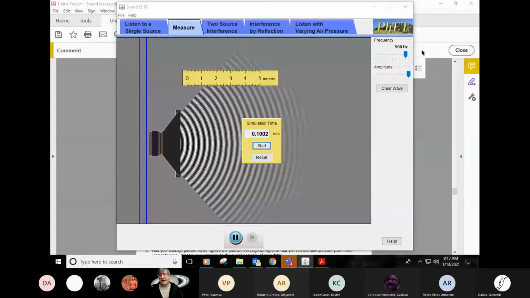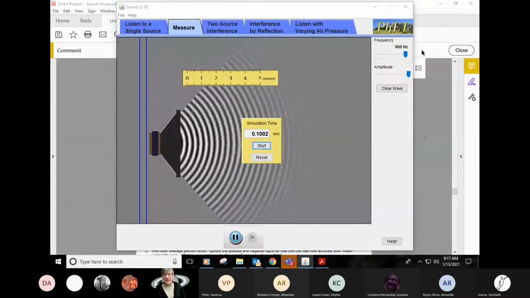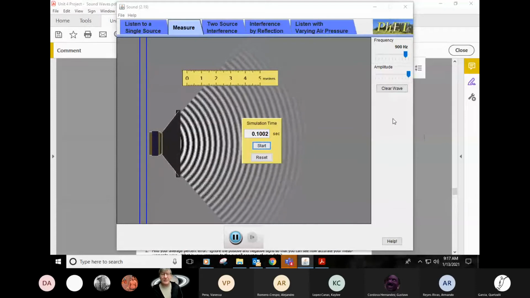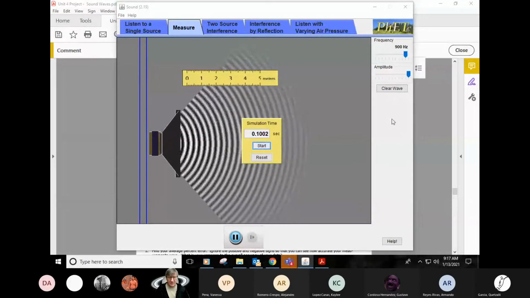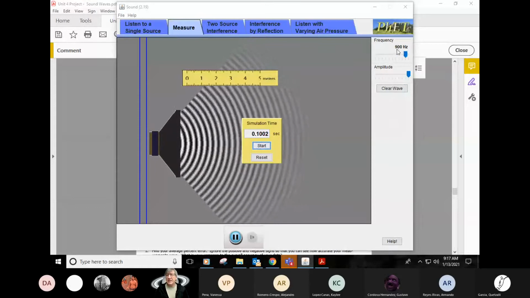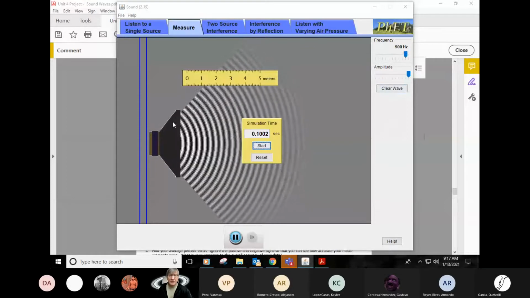This can also happen if you've been exposed to very intense sound at any frequency. You can damage those hairs. So imagine if those little hairs are damaged at 900 hertz, you wouldn't be able to hear that pitch very well. And this can happen if you have speakers turned up too loud and you're too close to them.